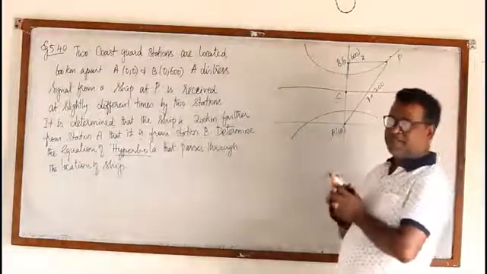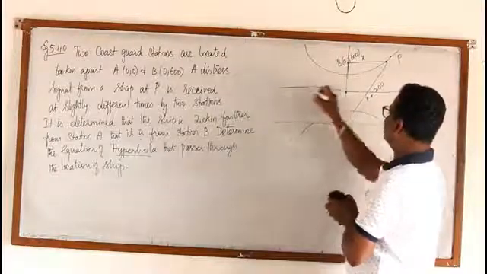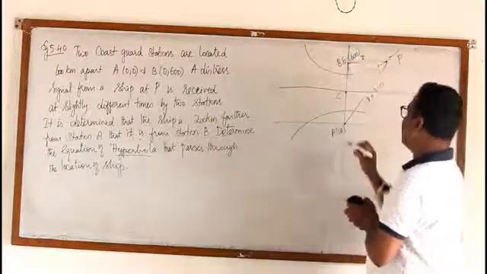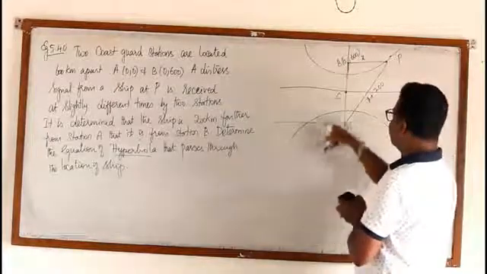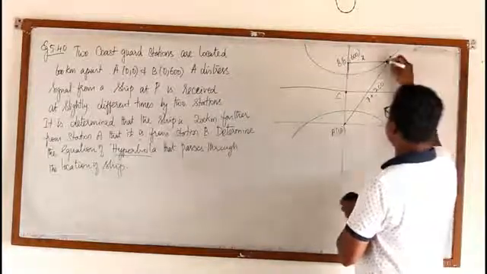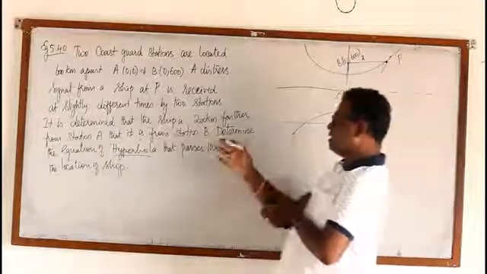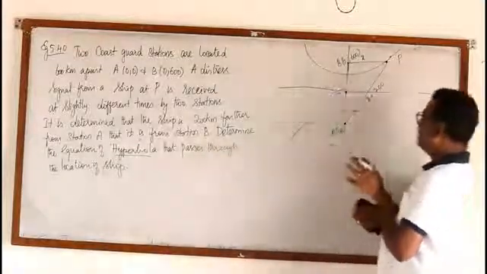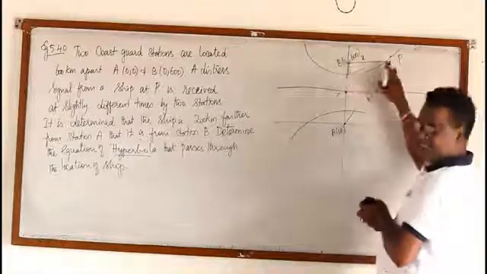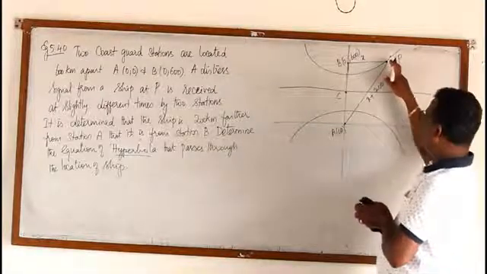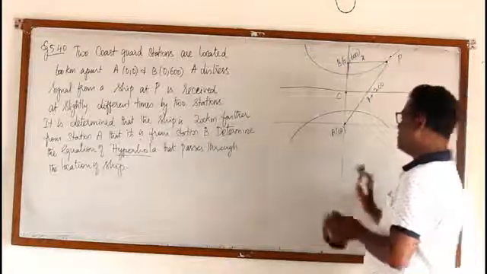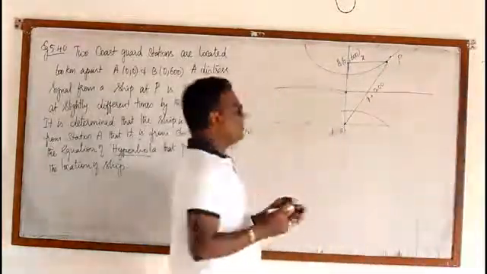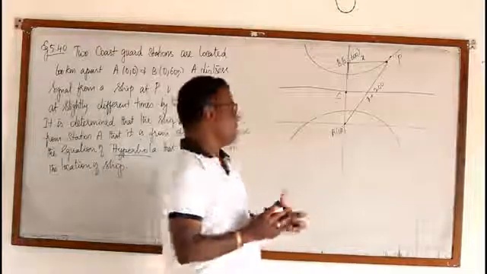The center will be at the midpoint of A and B, and the curve will be of this format. If P is on the curve at x distance from B, then it is x plus 200 from A. This is the situation. Now I have to find the equation of this hyperbola.